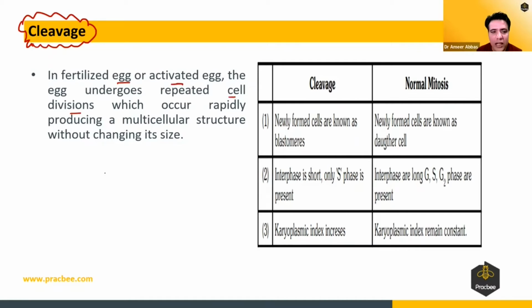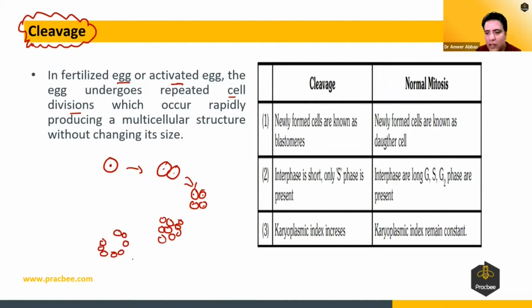It will result in the formation of, from the zygote, 2 cells, then 4 cells, then 8 cells. Now these cells will try to arrange in a manner. So this repeated division of cells is known as cleavage.